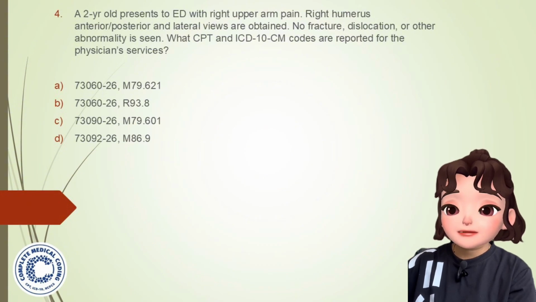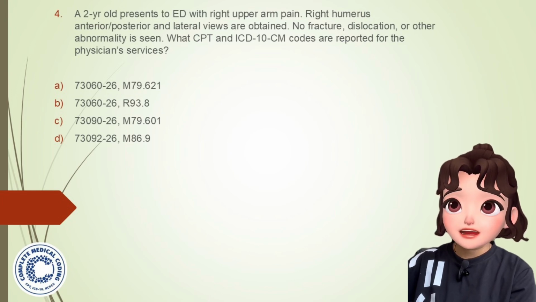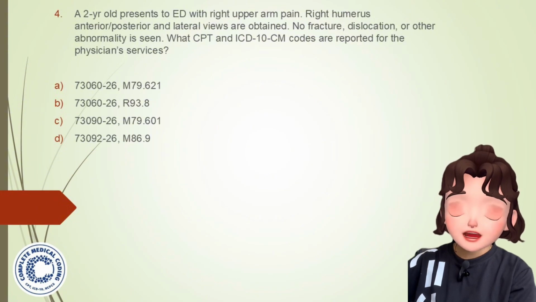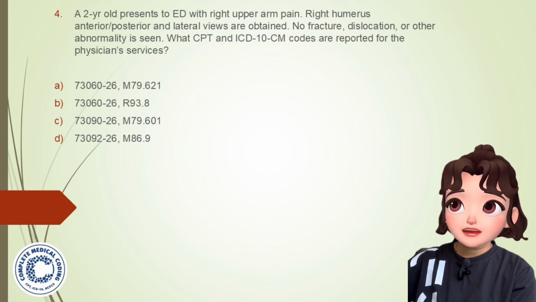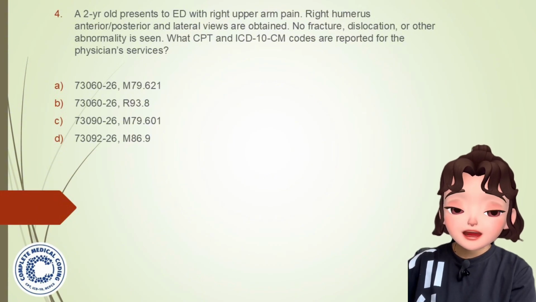So here an X-ray was done for the right upper arm. And what is the diagnosis here? Right upper arm pain. No other diagnosis, because after taking the X-ray, it was identified as no fracture, no dislocation, and no abnormality. If there is nothing, it means you have to code only the symptoms, right? So right upper arm pain is the diagnosis.